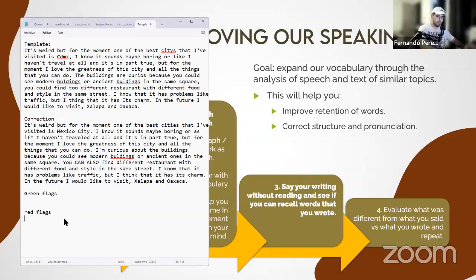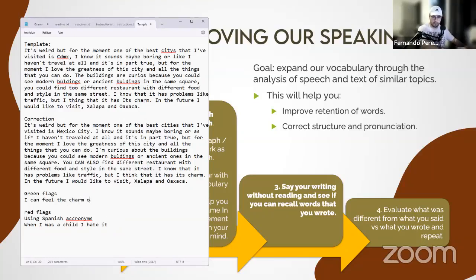I know that CDMX is a city that all the people could go, but it's a city that in the when I was a child I hated, but for the moment I have I can feel the charm of this city.